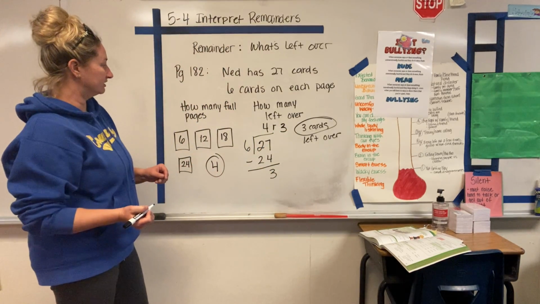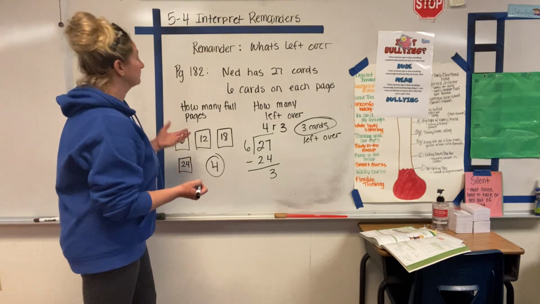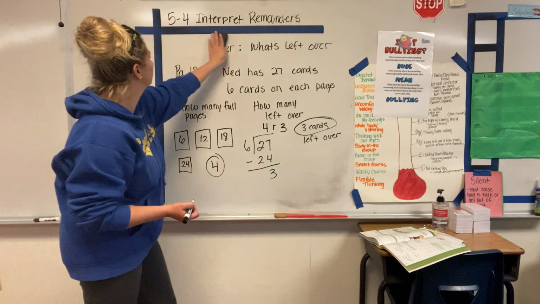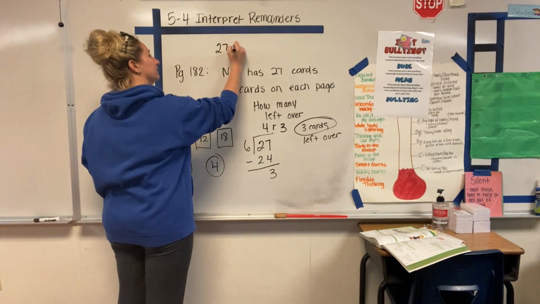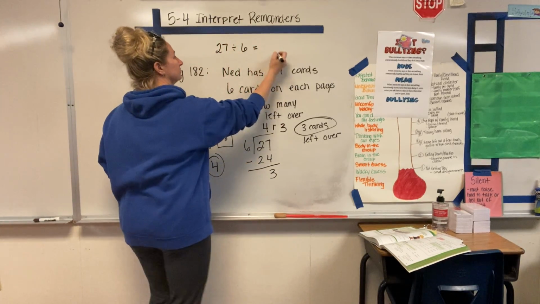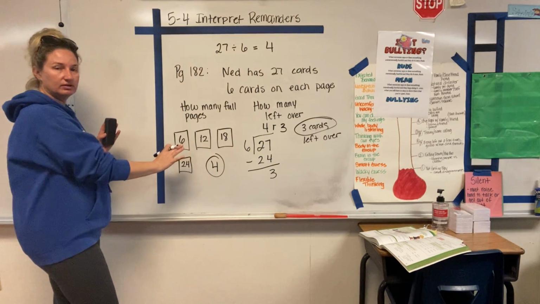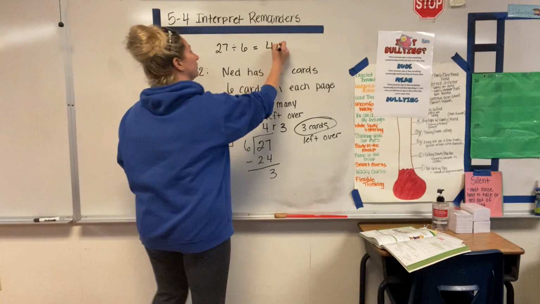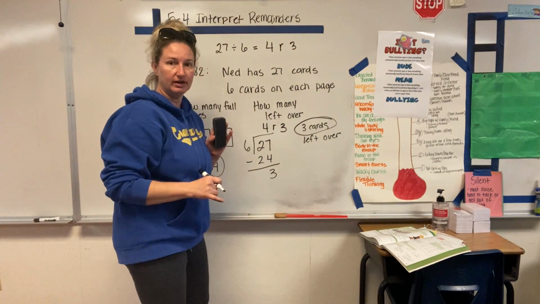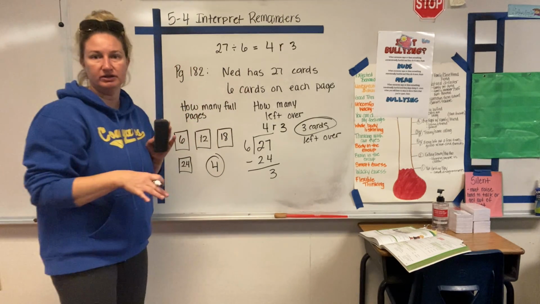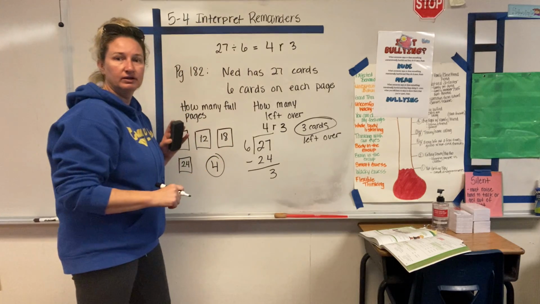So the answer to this problem, 27 divided by 6 equals 4, so 4 whole pages, remainder 3, with 3 left over. They would go on the 5th page. But you got 4 whole pages with 3 left over.